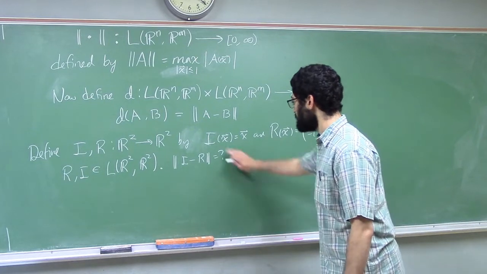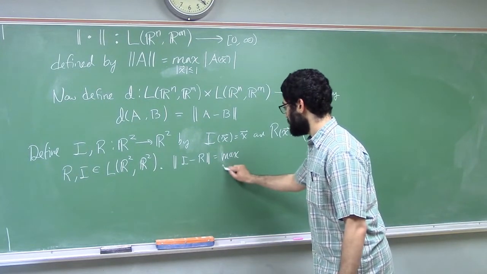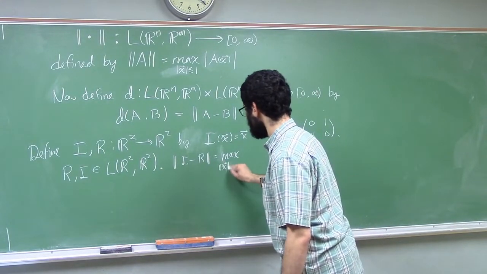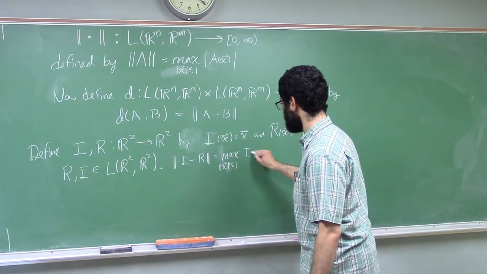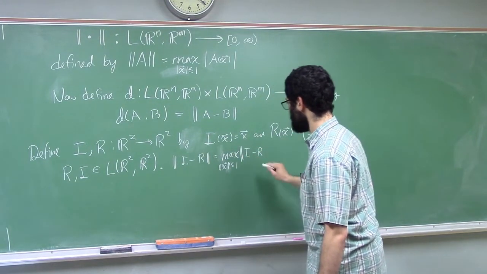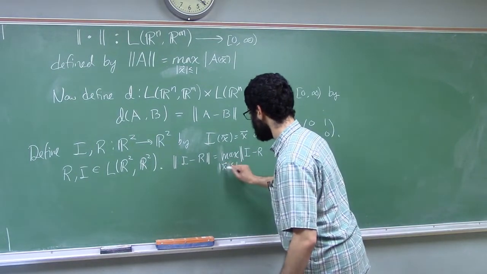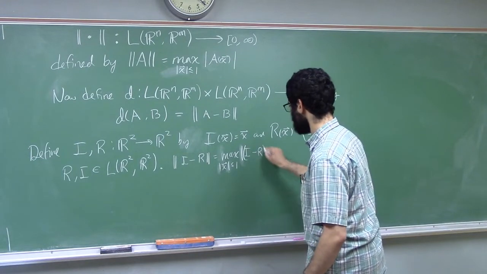Well, by definition, it is the maximum, running over all vectors in the unit ball, of the norm. Let me stick to using single bars where I said I would use single bars of the norm of this.